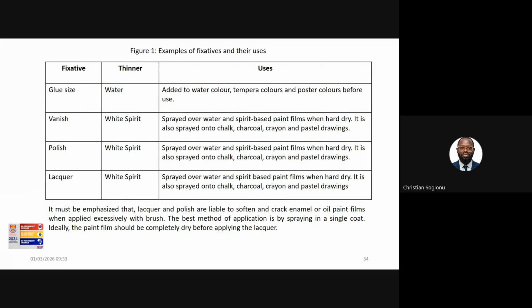So with this, we have the types of fixatives, their thinners, and their uses.